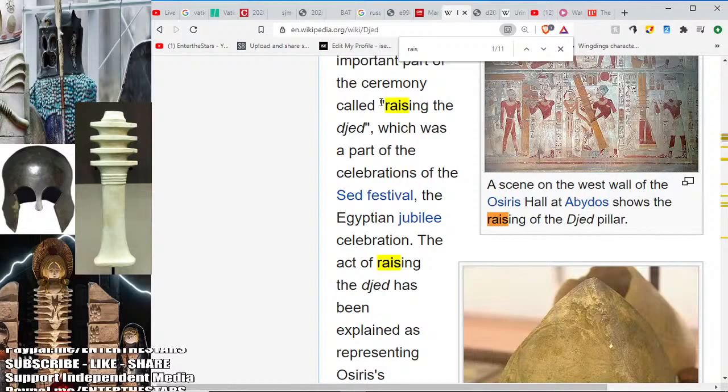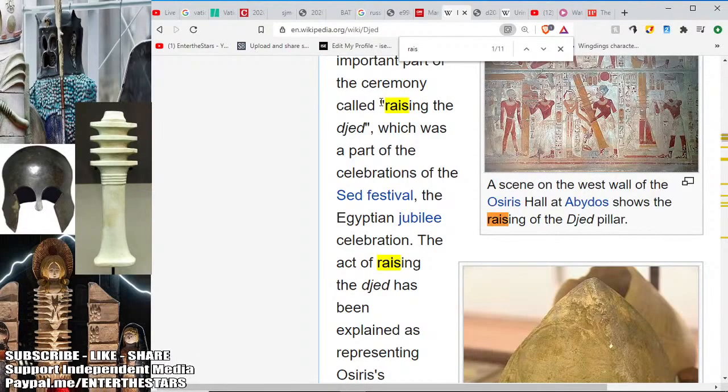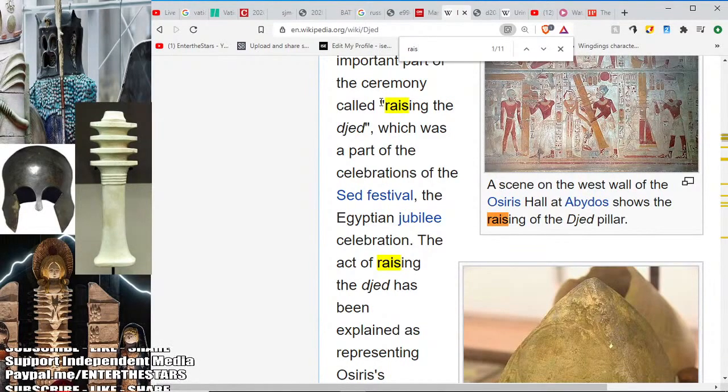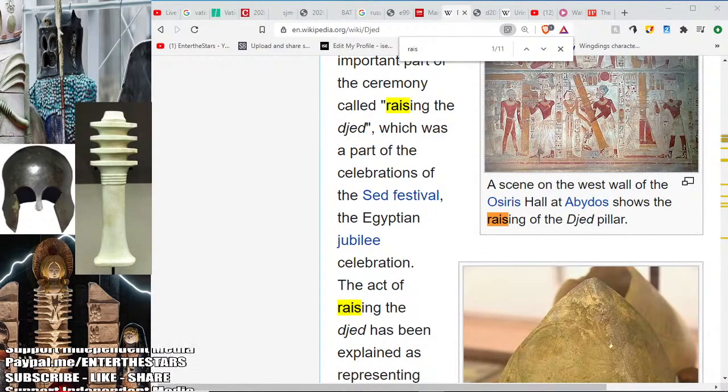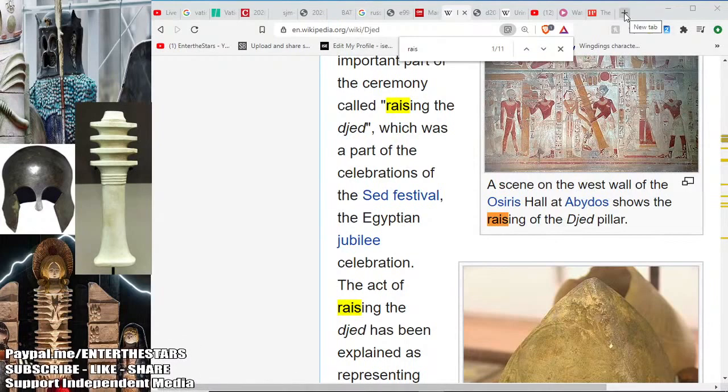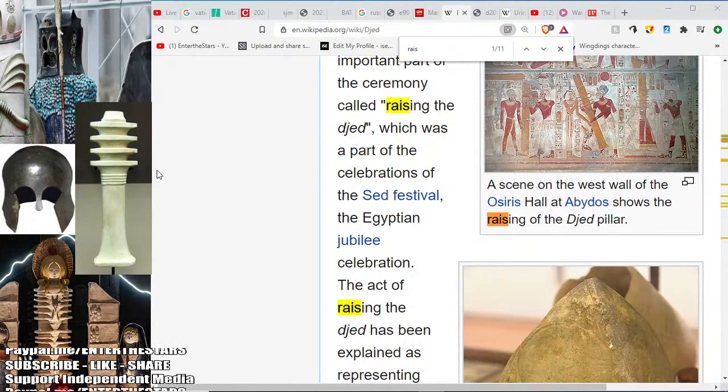Because Luke Skywalker, when he was on Yoda's home planet, raised the X-Wing fighter out of the swamp. Well, what does Luke Skywalker have to do with the ancient Jedi? Those of you with ears to hear are already hearing the word Jedi inside of the word DJED.